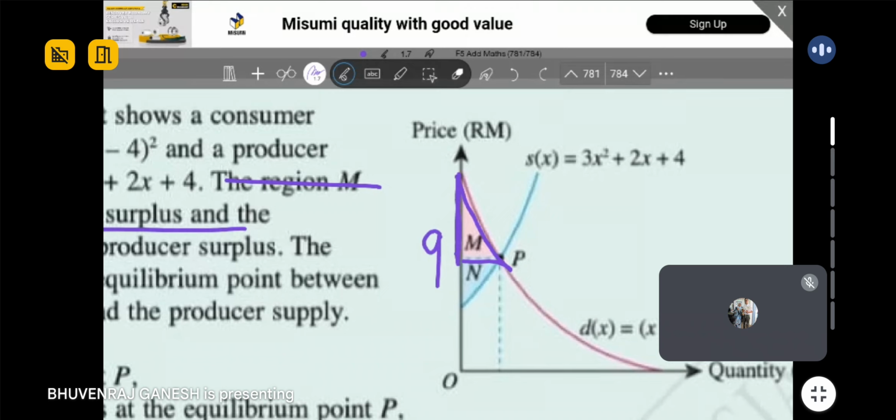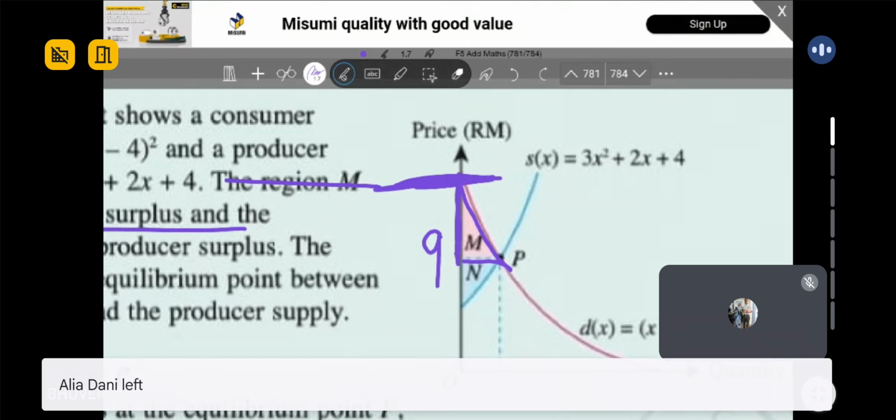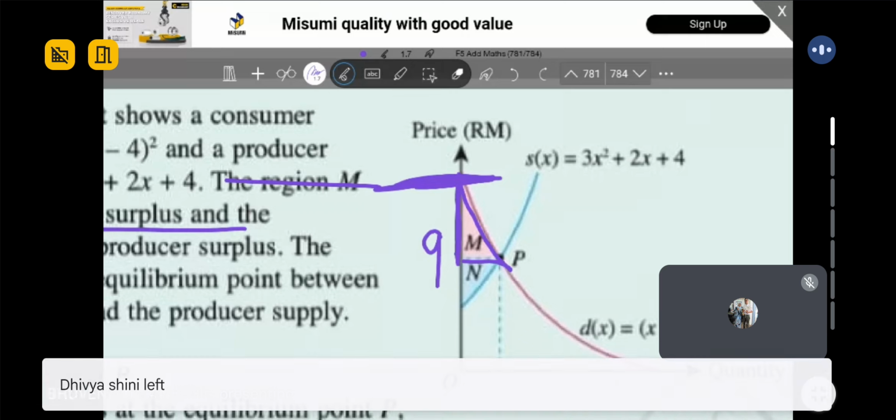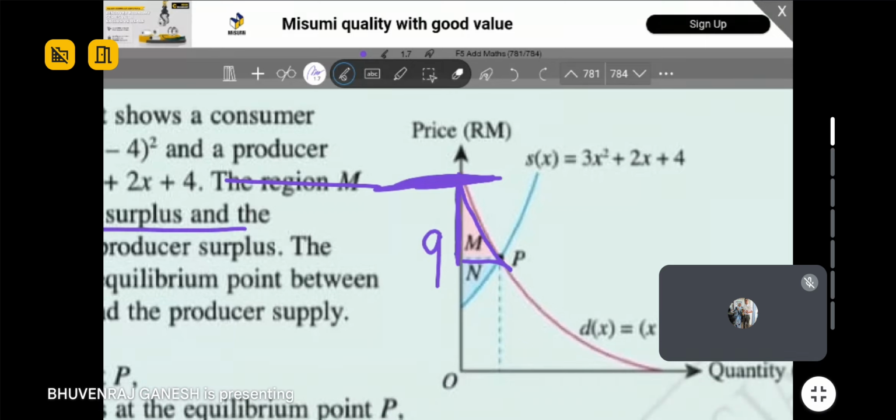Correct? So what is this value, guys? Can anyone tell me? That point over there. What is the value? Kat atas sekali. Based on the graph that you have. Anyone? Apa titik tu? Nilai dia. Yes.